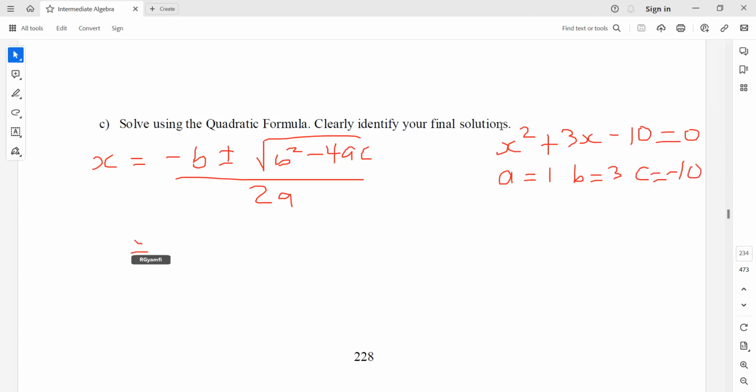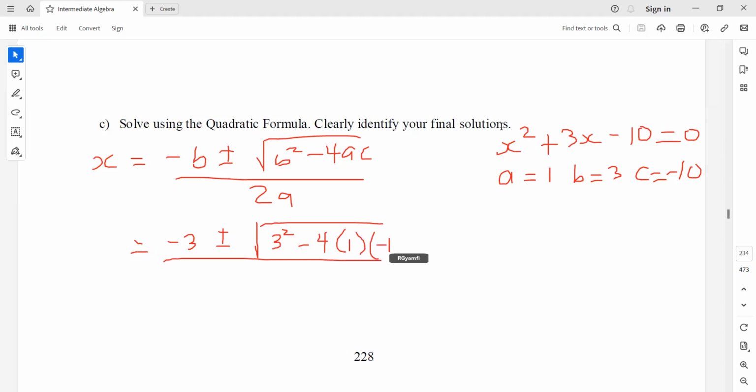So my b is 3, so I have negative 3 plus or minus the square root of b squared, 3 squared, minus 4, a is 1, c is negative 10, divided by 2 times 1. So I have negative 3 plus or minus square root of 9. 3 squared is 9.